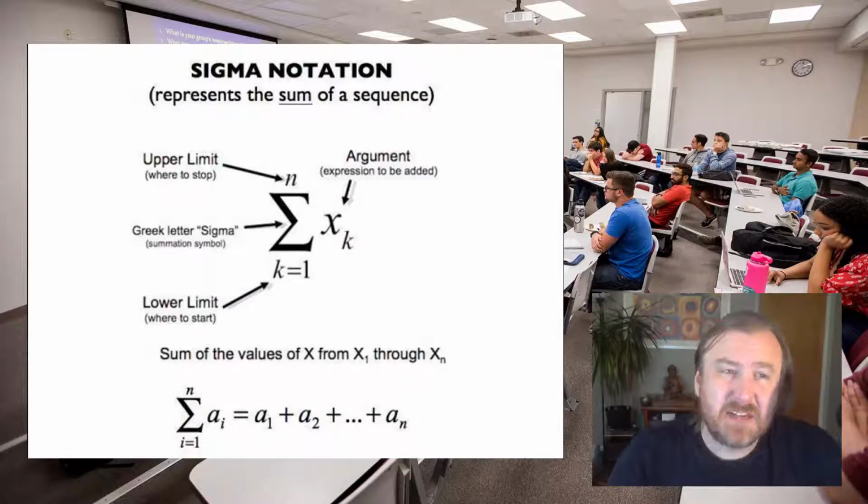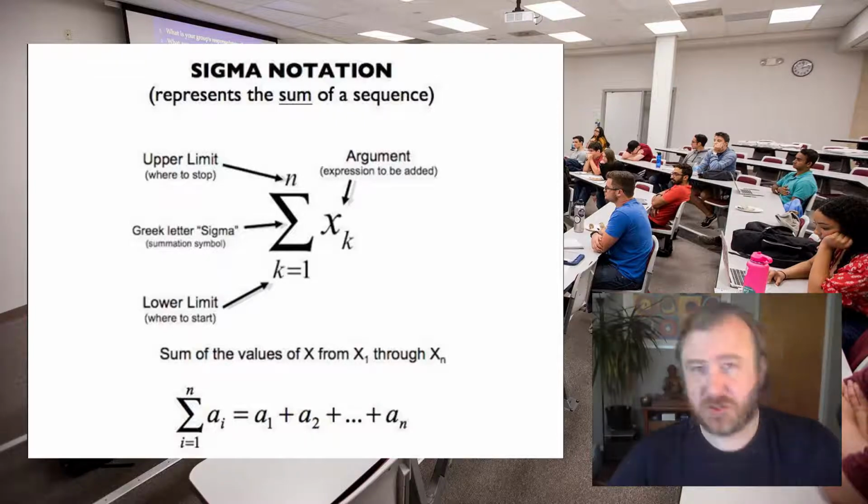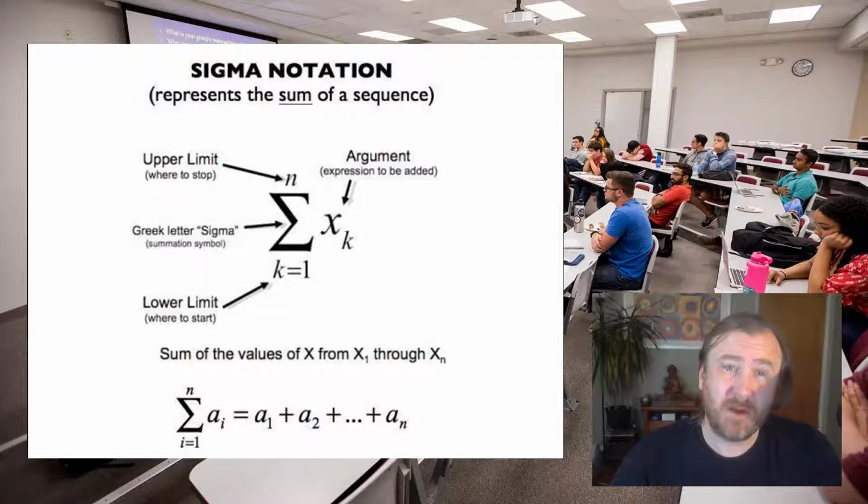Here we have sigma, and on top of sigma we have the upper limit, and underneath sigma we have the lower limit. So you're going to sum up the data for values 1 through n. And you're going to do it for variable x, which is the argument. So we really have three pieces of information when we have sigma.